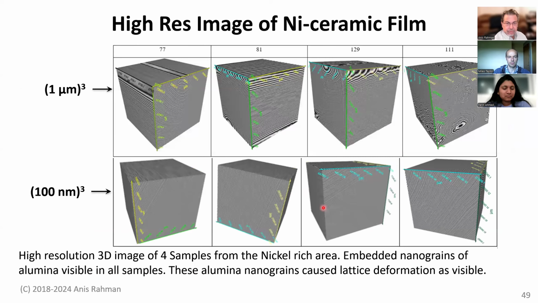When you do the lattice imaging, we wanted to isolate the nickel area, but the alumina is there, everywhere, this one, over here, over there. So what we did is we isolated some area where alumina is not there, so that we can just study the nickel lattice.